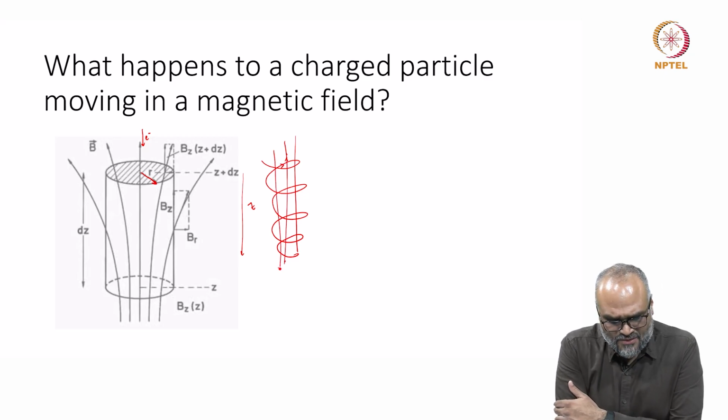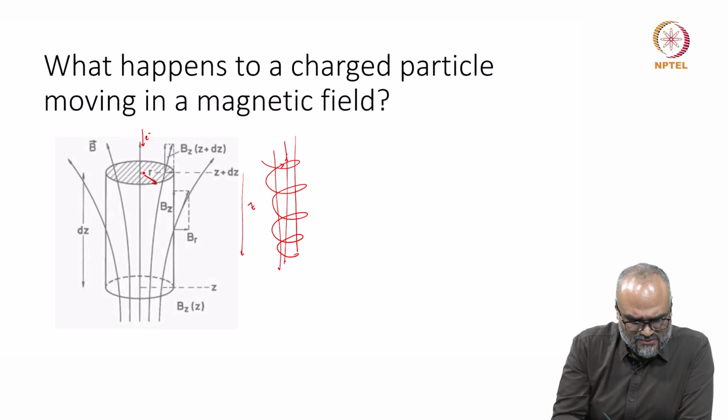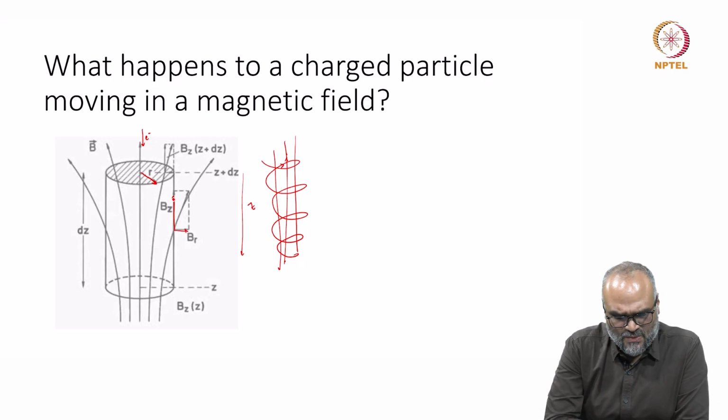Within such a field created by a coil, if an electron or a charged particle goes through, it mainly experiences these two forces, the radial component and the vertical component.